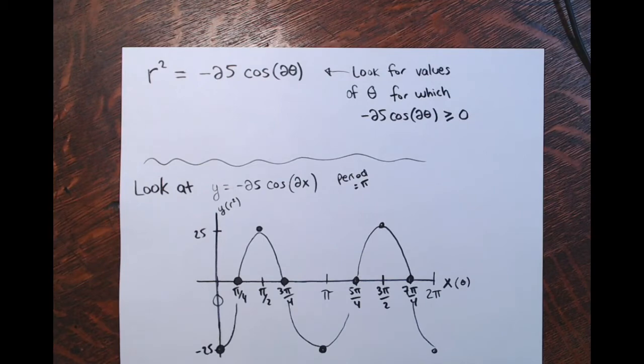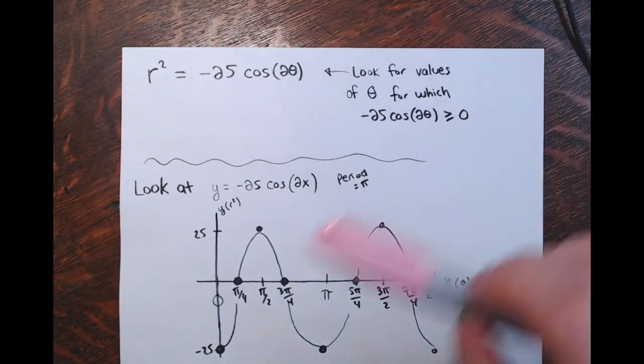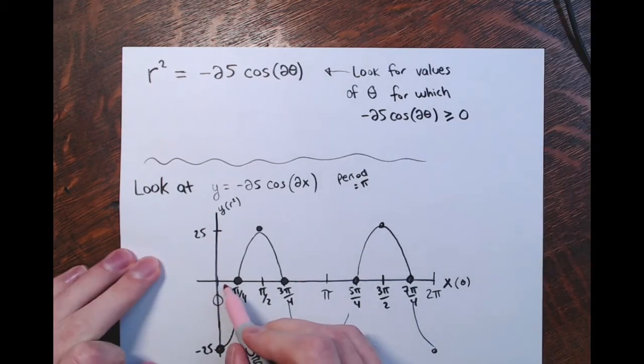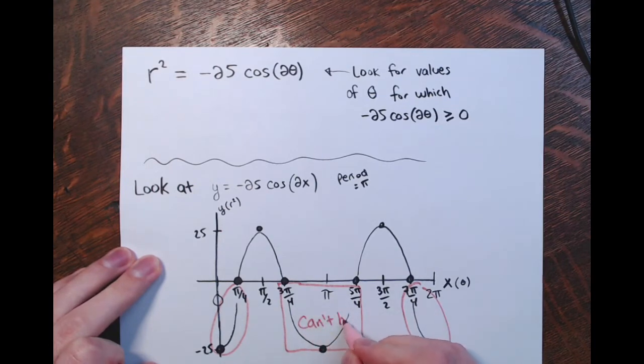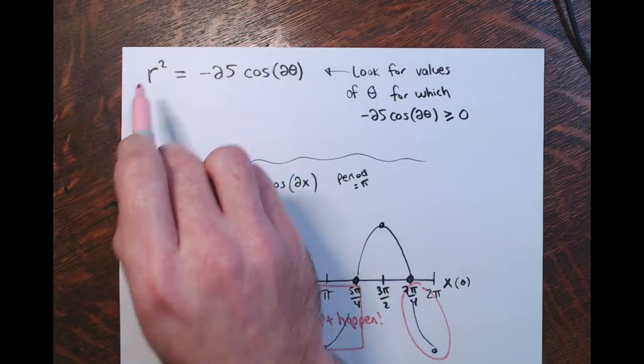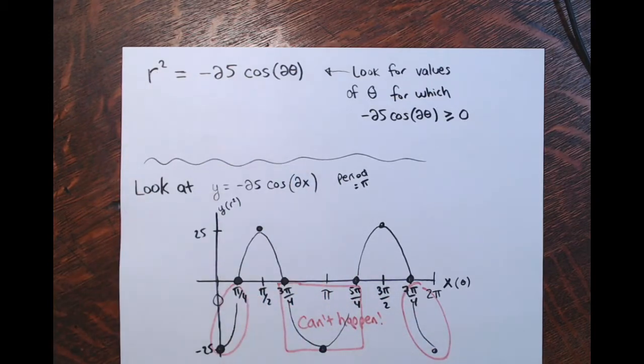Now remember, these parts of the graphs where the output is negative, right, can't happen. Because again, you can't square a real number and get negative outputs.